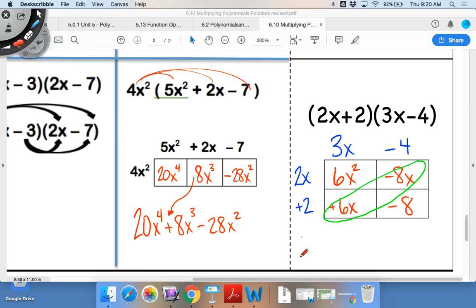And then we would have 6x squared minus 2x minus 8. If you look on this foldable, this is the exact problem that we did with the FOIL. We just did it with the box method. It's really up to you which method you like best.